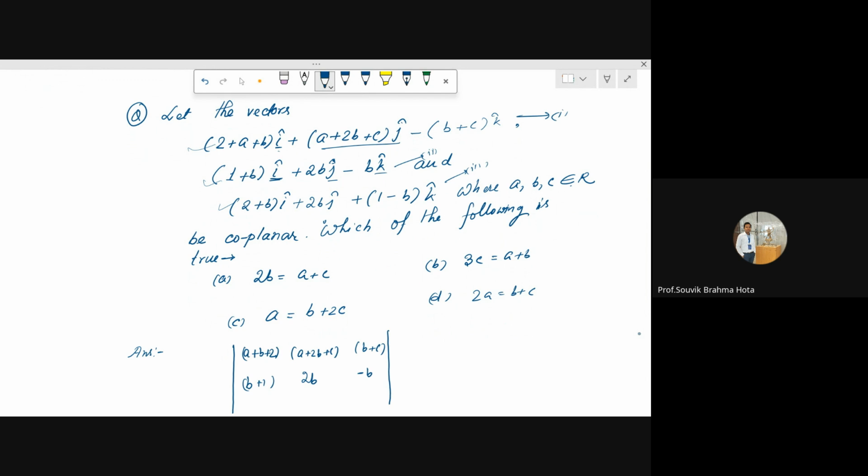Here I missed something. It should be minus b plus c for the k coefficient in the first vector.